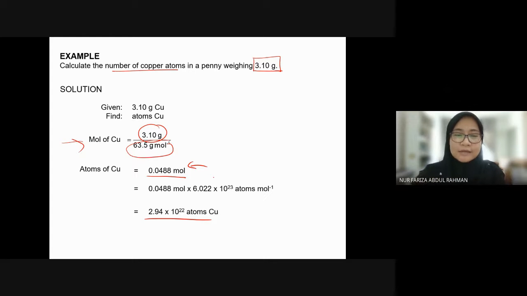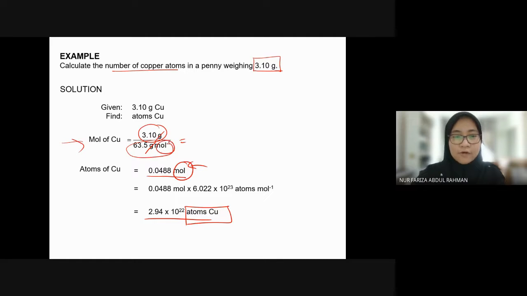But by right, technically it is wrong. How can you neglect the unit and then suddenly the final answer has a unit? You are creating something from nothing. You have to follow through. So you need to have the unit, and then the unit will be cancelled out, and you will end up with mole.